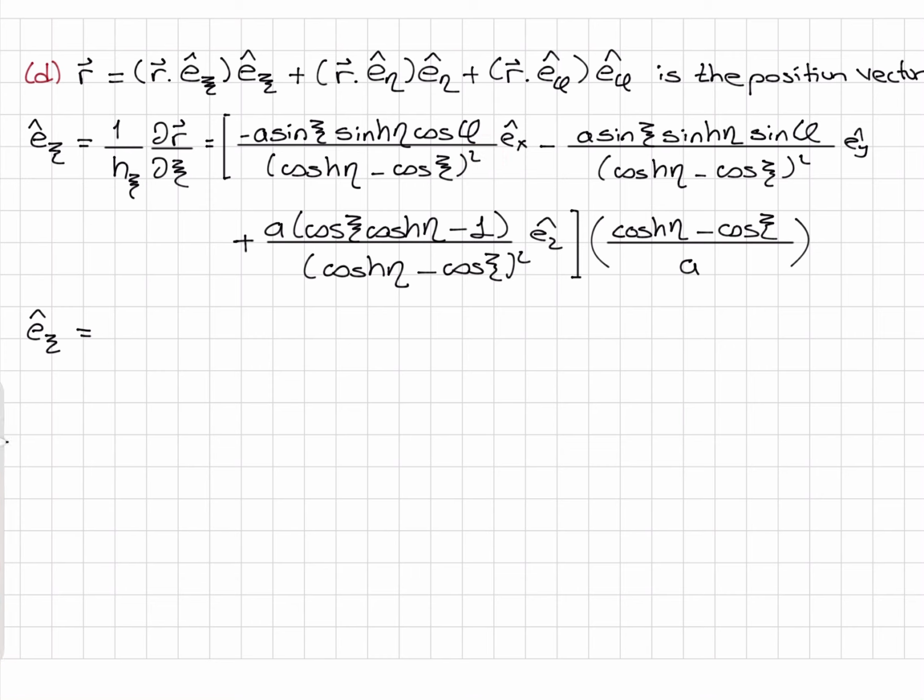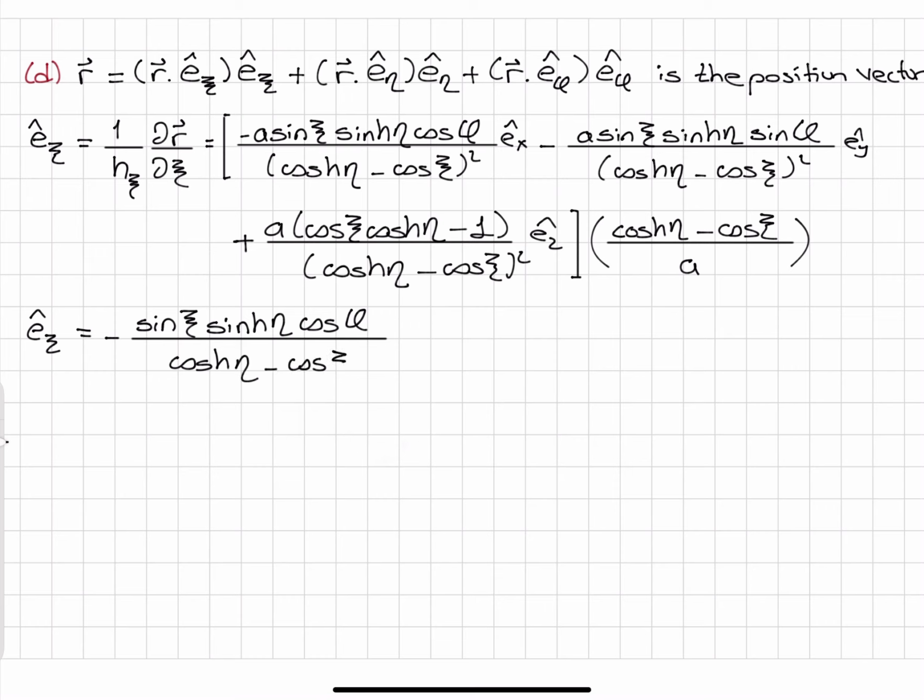So we will be left with minus sine psi sine hyperbolic eta cosine phi divided by cosine hyperbolic eta minus cosine psi in ex hat direction. And then for the y component here, the A's will cancel and one of these terms will cancel as well.